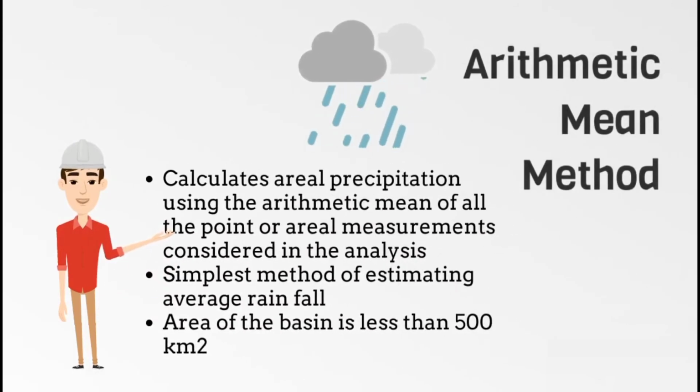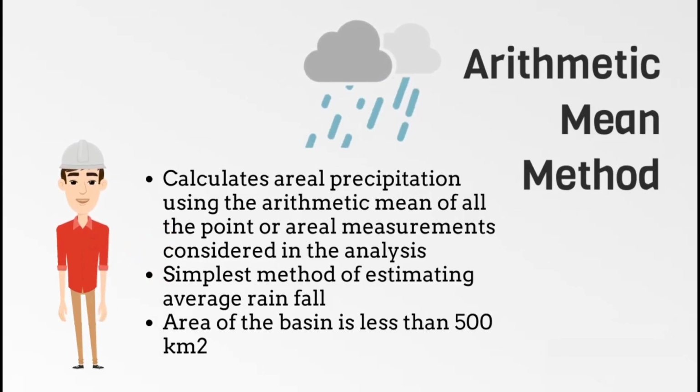First, arithmetic mean method. This technique calculates areal precipitation using the arithmetic mean of all the point or areal measurements considered in the analysis. The arithmetic mean method is the simplest method of estimating average rainfall.